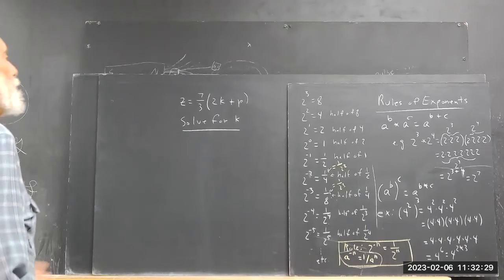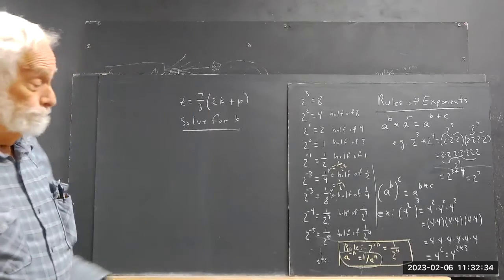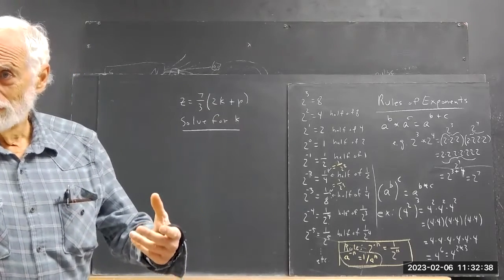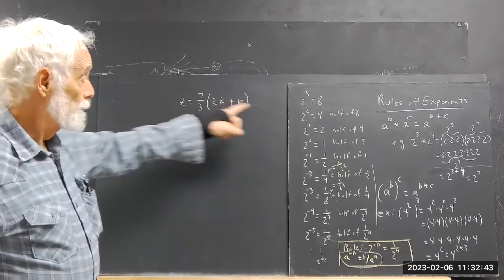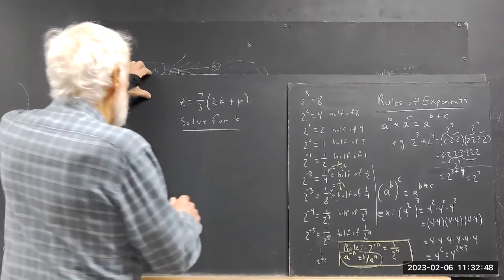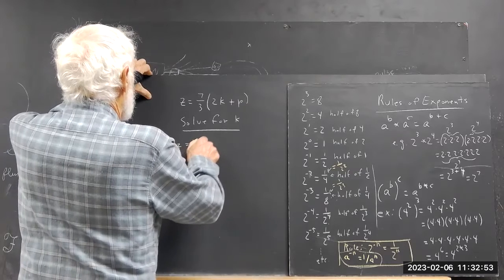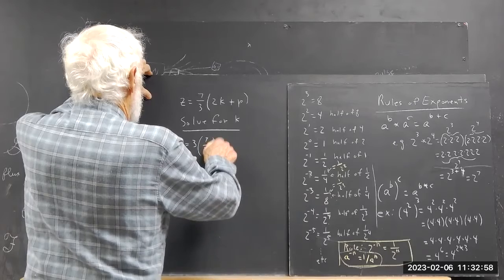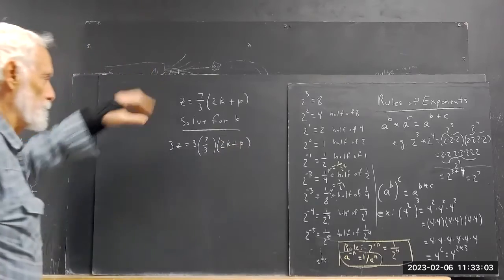Okay, so we asked what's the first thing you want to do here, and the natural answer is, well, use a distributive law. Well, you certainly could, but you've got a denominator here. You can multiply both sides by 3, and that denominator is going to go away. So I do 3 times z equals 3 multiplied by 7/3 times 2k plus p.